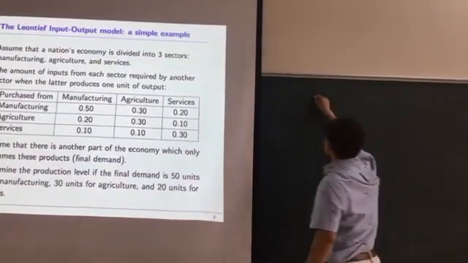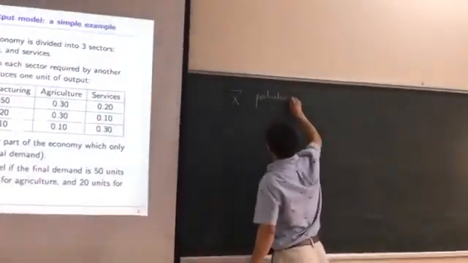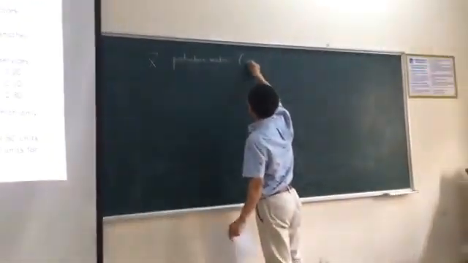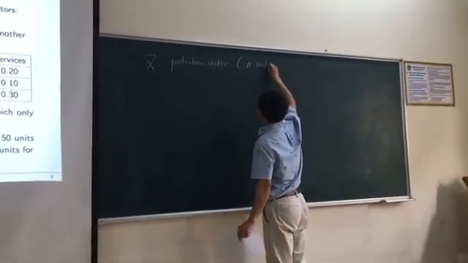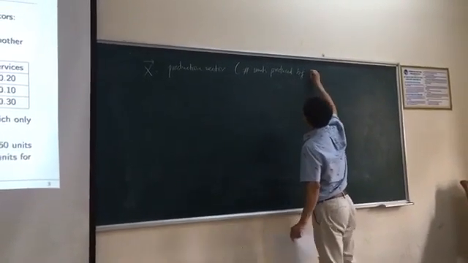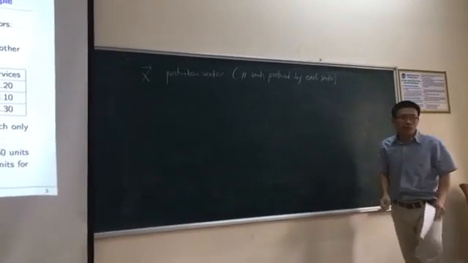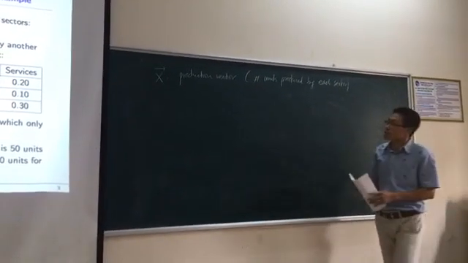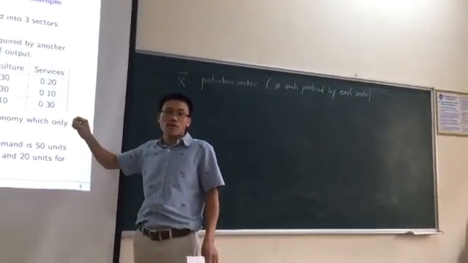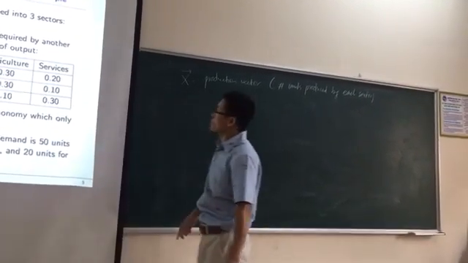So let x act as the production vector. That means the vector of the number of units produced by each sector. It has three components: the first one is for manufacturing, the second one is for agriculture, and the last one is for services.